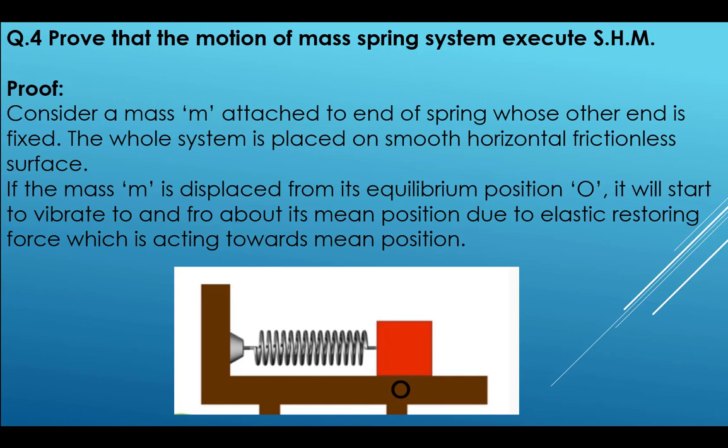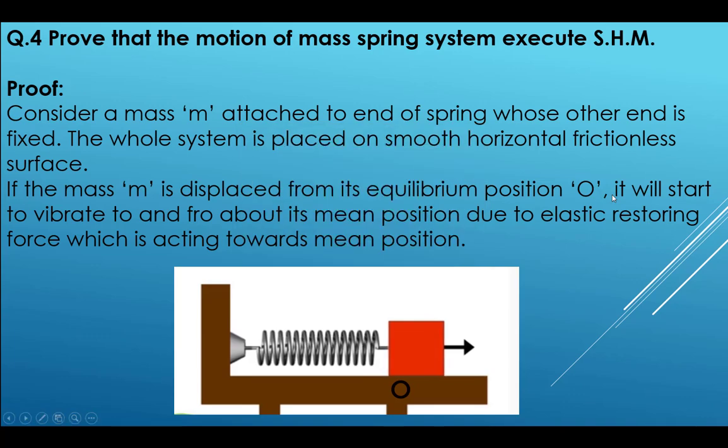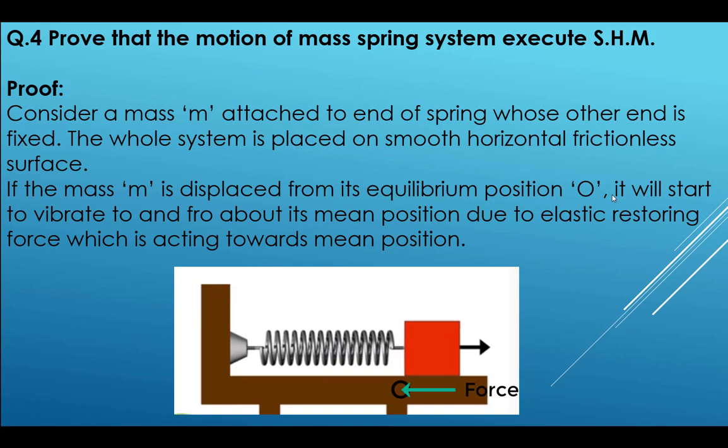Whenever you take the mass m away from its resting position, or say equilibrium position, a force will always start to act on mass m that pulls the object towards its equilibrium position.